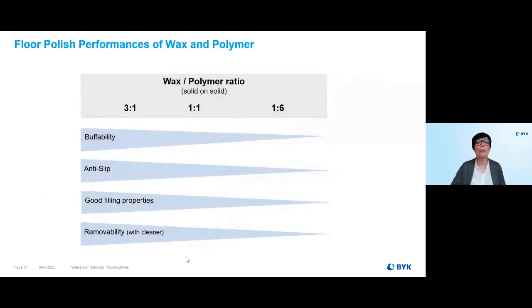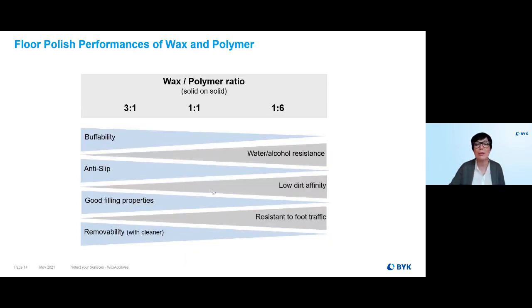The performances will come from the wax you choose for your system, and also from the polymer you are using, whether it's a metal-containing or metal-free product. The styrene acrylic emulsion will give you a certain effect next to the effect you can get from the wax additive.